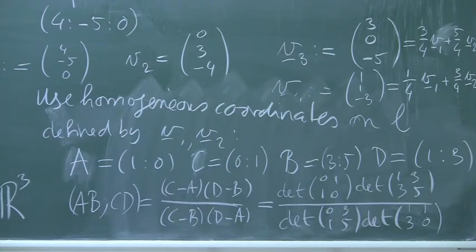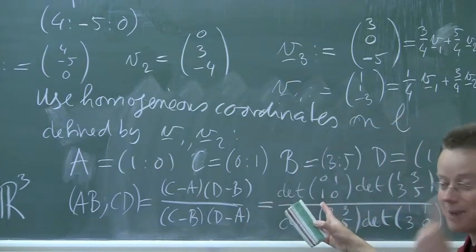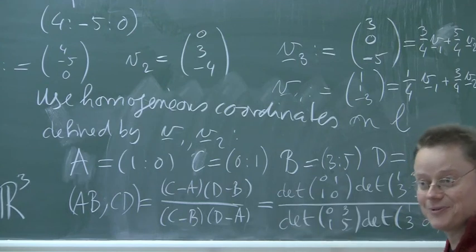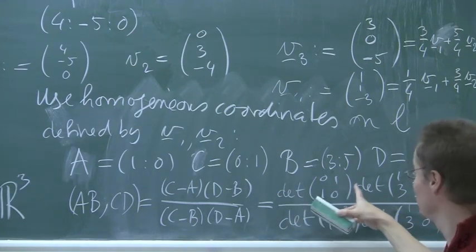Okay, and now we have to compute these determinants, and I'm going to compute the determinant and then erase it and replace it by the number. This determinant is 0 minus 1, so this is minus 1.